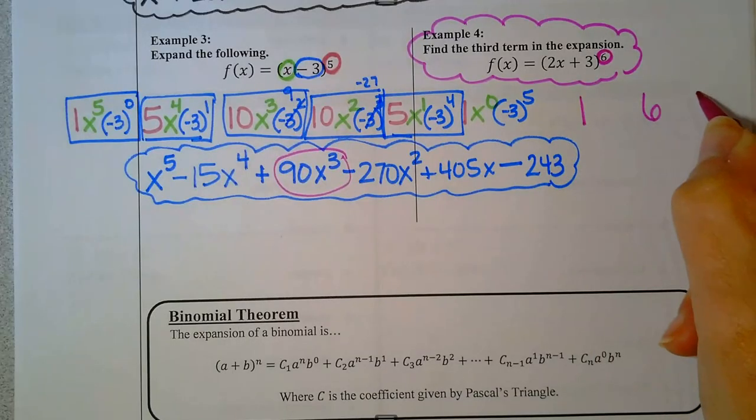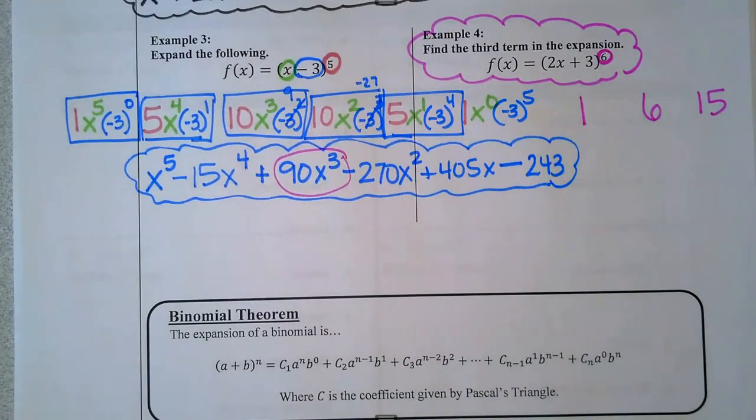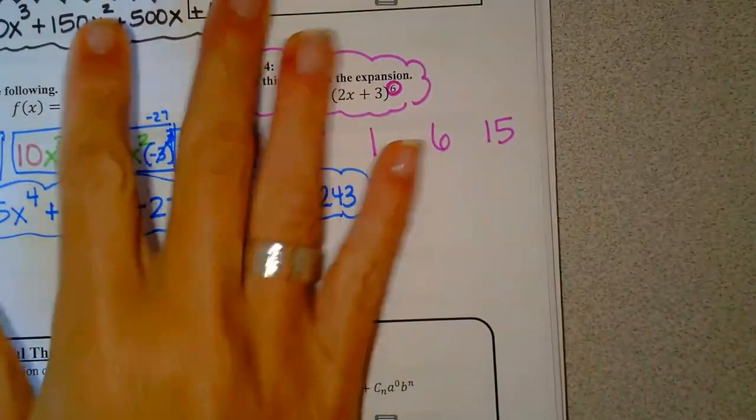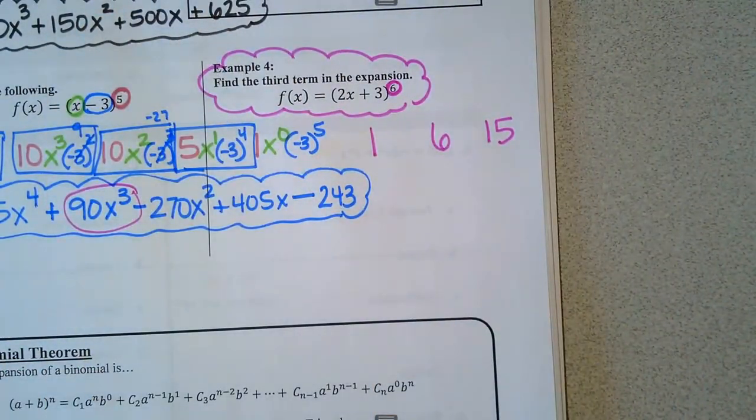I know. How does one person come up with this? Isn't that crazy? And it was back in, when was he alive? Blaise Pascal. Well, there's like nothing else to do, so. He died young.